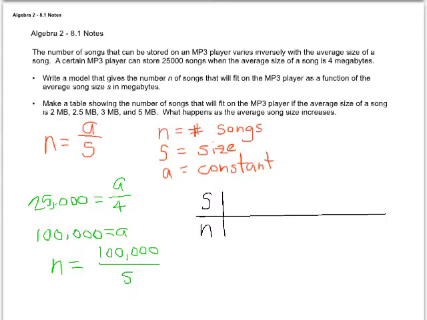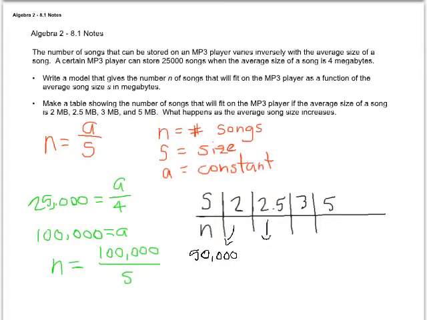And they want us to know when S is 2, when S is 2.5, when S is 3, and when S is 5. So you're going to put all these in for the S down here, and you're going to figure out a number. So when you put 2 in for S, you get 50,000. That won't fit in my little space here. So this first one is 50,000 songs.